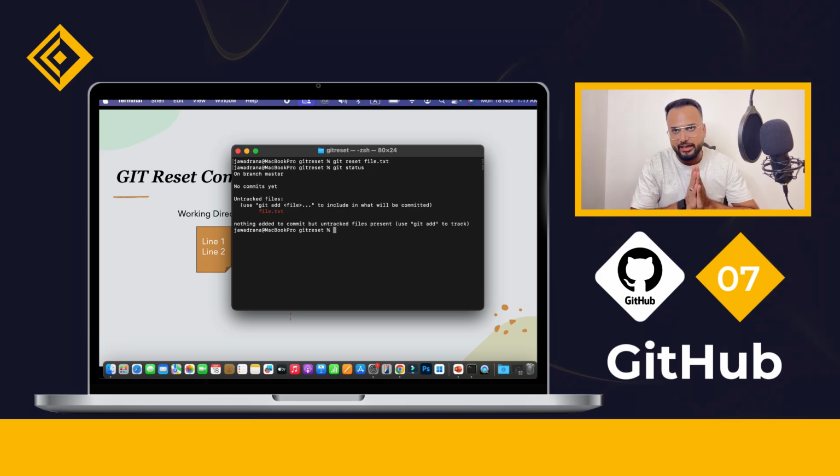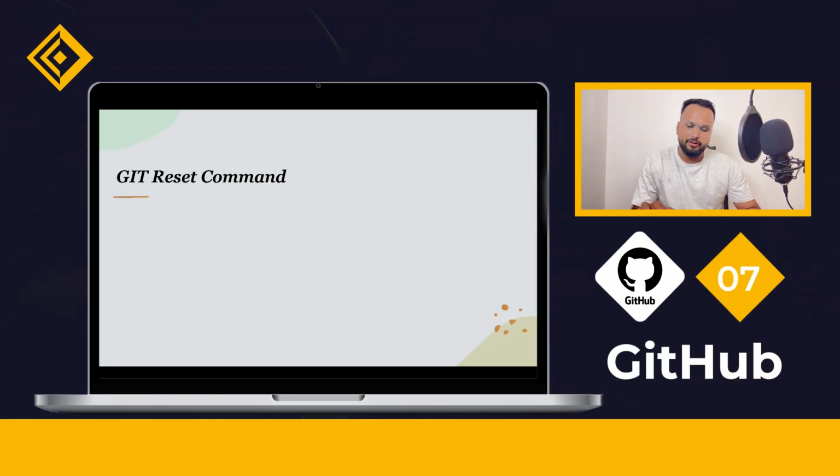It's under untracked files, meaning the file is available in my working directory but is not part of my staging area. This is the very basic use of the git reset command at the staging area level. Similar to this, you have the second level for that.